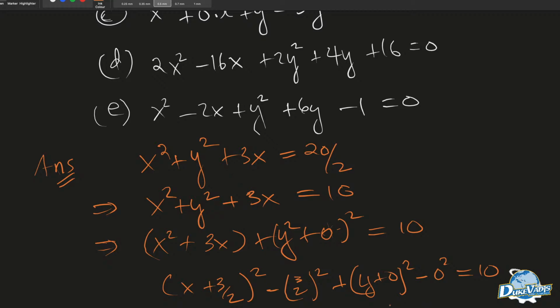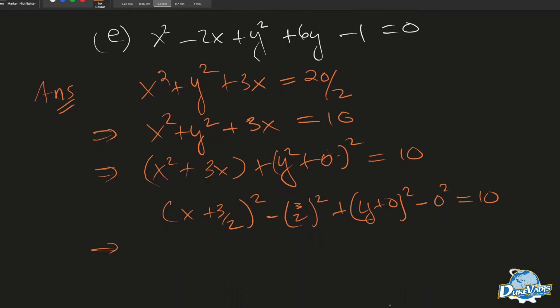So it implies that we have x plus 3 over 2 squared plus y squared is equal to 10 minus 3 over 2 squared.